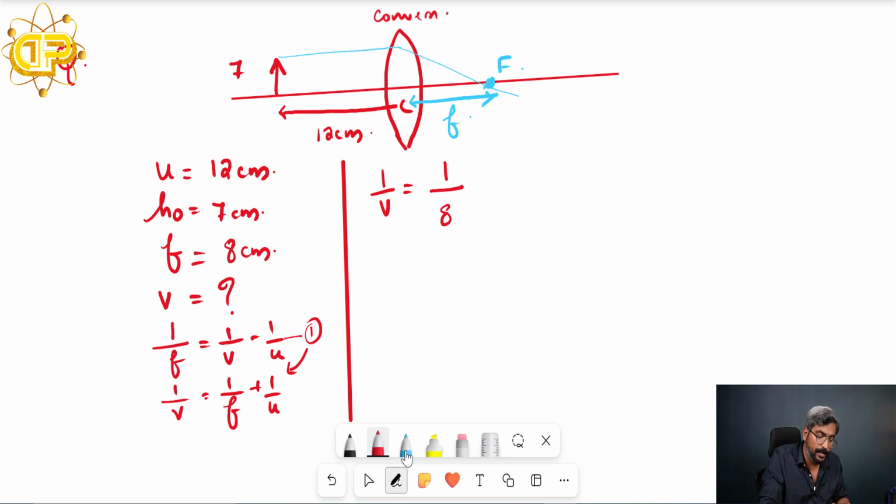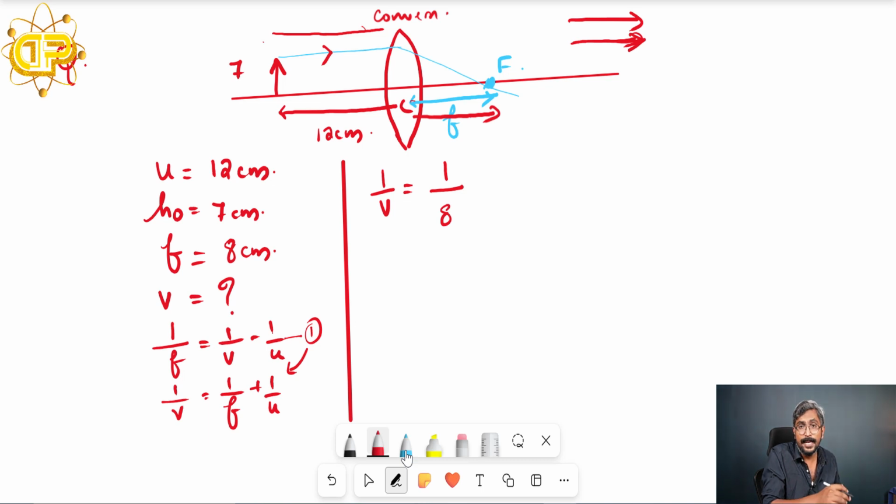This focal length is calculated from the optical center to the principal focus, so the direction will be from left to right. And what is the direction of the incident light? It is also coming this way, from the object. This direction is the same as that of the focal length. So the focal length will be positive, right?